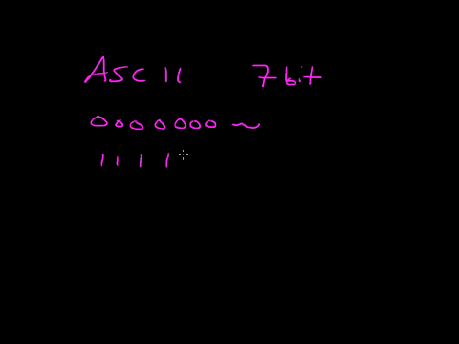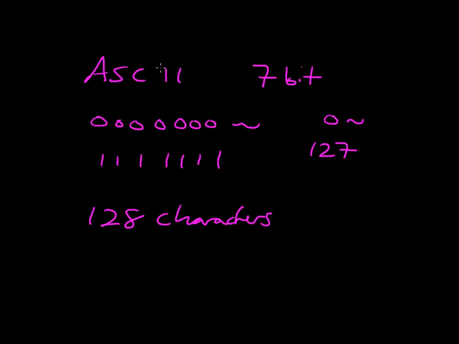So in ASCII we have a 7-bit encoding, and that will go from 0000000 all the way up to 1111111. And so in decimal that is from 0 all the way up to 127. So because 0 is another option, we therefore have 128 characters that we can encode with ASCII.